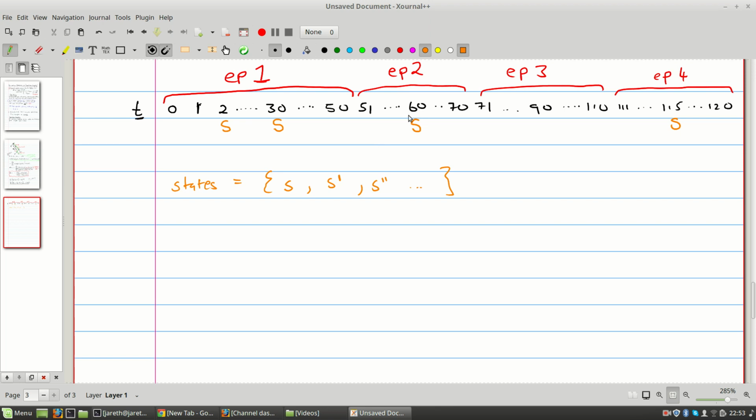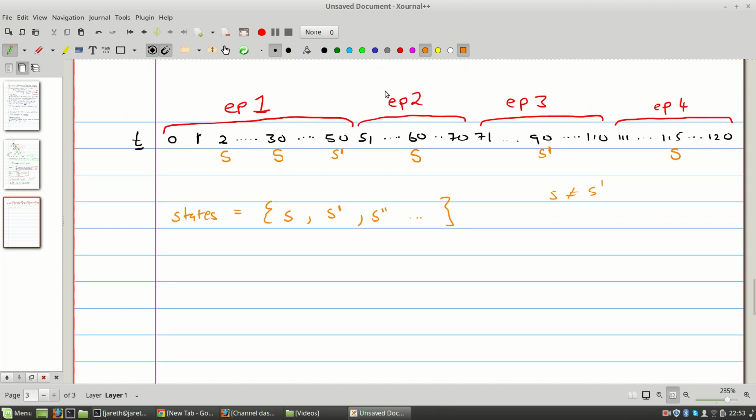Let's say at time step 50, we visited state S prime, and we also visited it at time step 90. S prime and S are different states, so S is not equal to S prime.